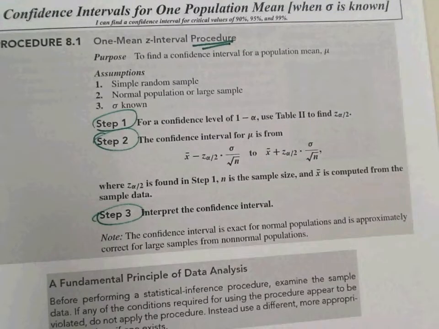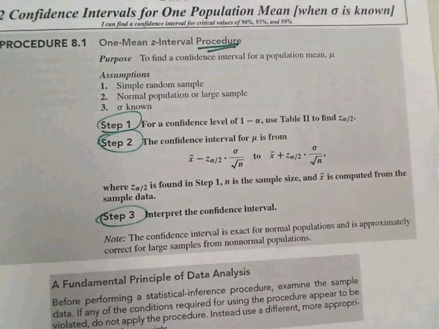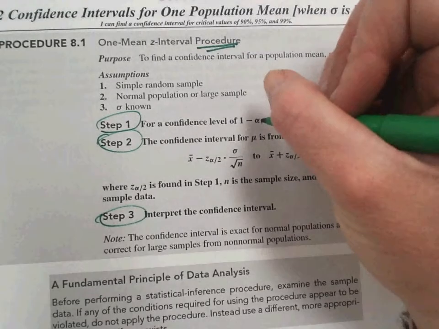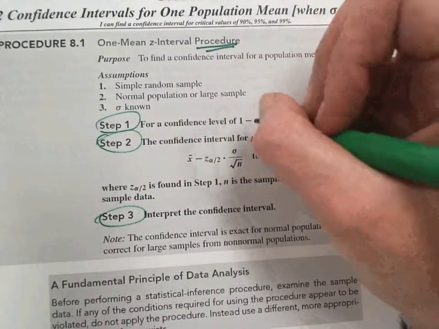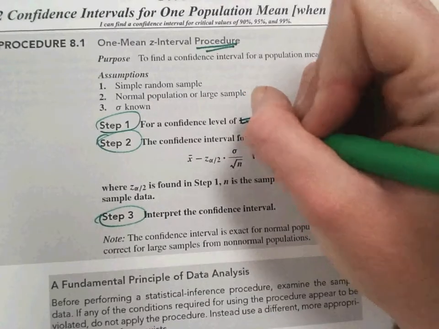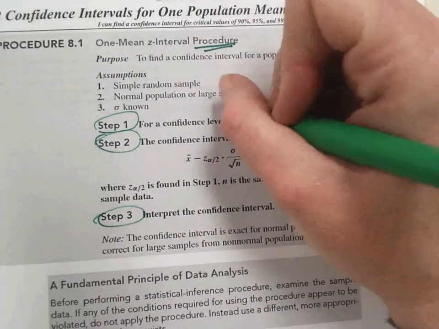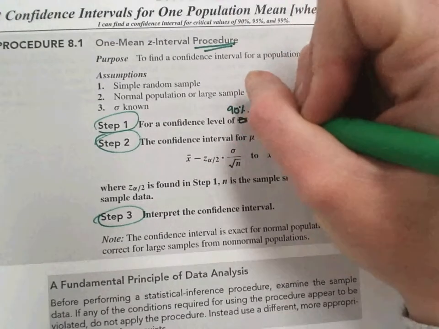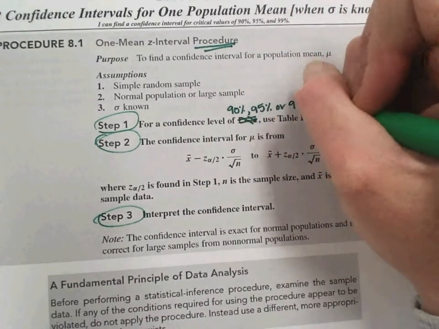We have some new symbols involved in this procedure, and we're going to change those out for something a little simpler since we haven't really discussed the 1 minus alpha confidence level. So instead we're going to say for a confidence level of 90%, 95%, or 99%.